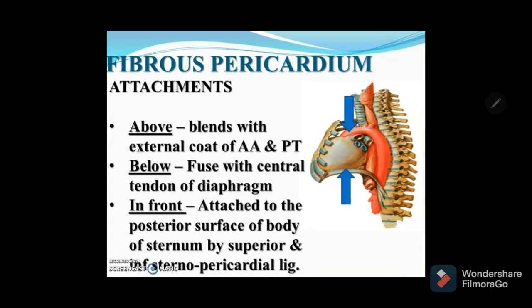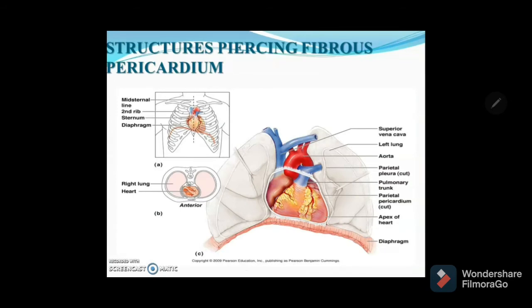You can see above, aorta and pulmonary trunk, below, central tendon of diaphragm. Anteriorly it is related to the posterior surface of the body of the sternum, and posteriorly it blends with the anterior boundary of the posterior mediastinum.